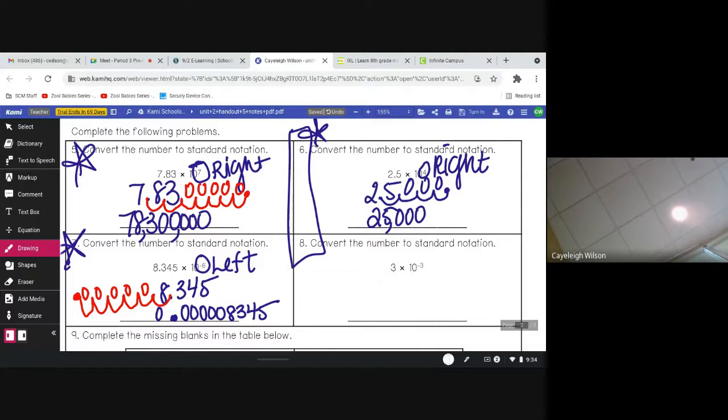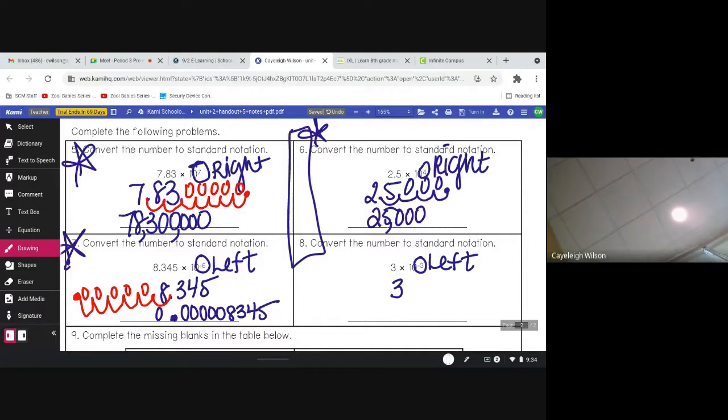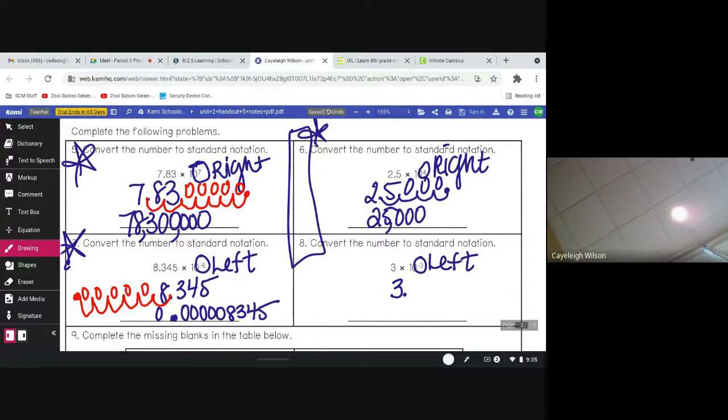All right, the next one, convert to standard notation. 3 times 10 to the negative 3. It's negative, so I'm going to move it to the left. Now, where would the decimal be right now before I start? Behind the 3. Yeah, behind the 3. Okay, so that's where the understood decimal is. So I'm going to shift that to the left 3 places. 1, 2, 3.